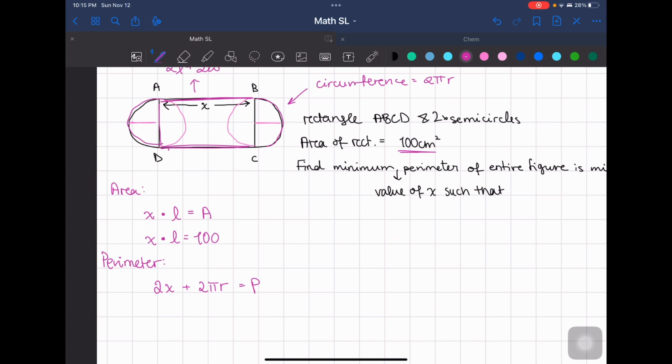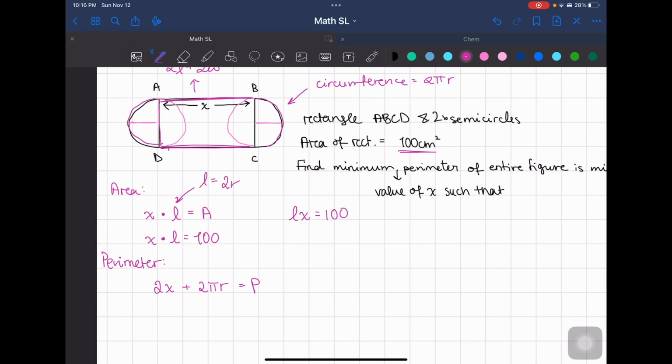And we know from here that L is equal to 2 r's, because this is an r and this is an L. So that means we can replace r with L, which we can replace with x. Okay, let's put this in terms of x first. xL equals 100.